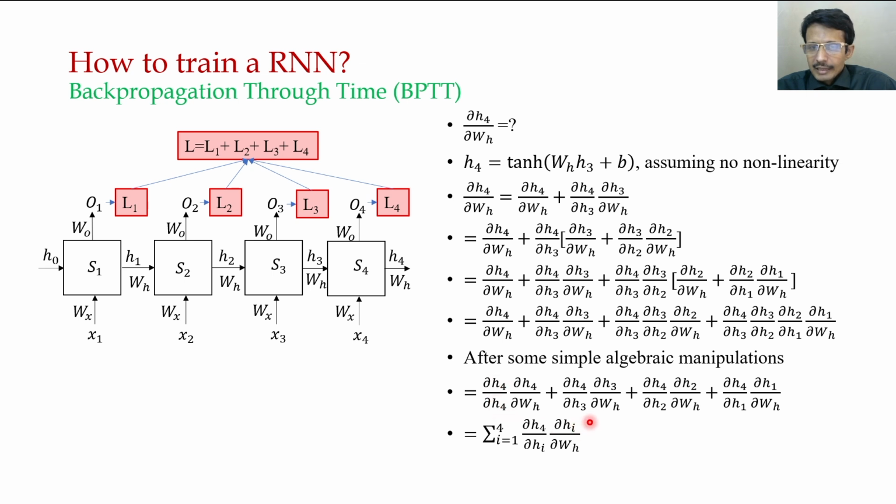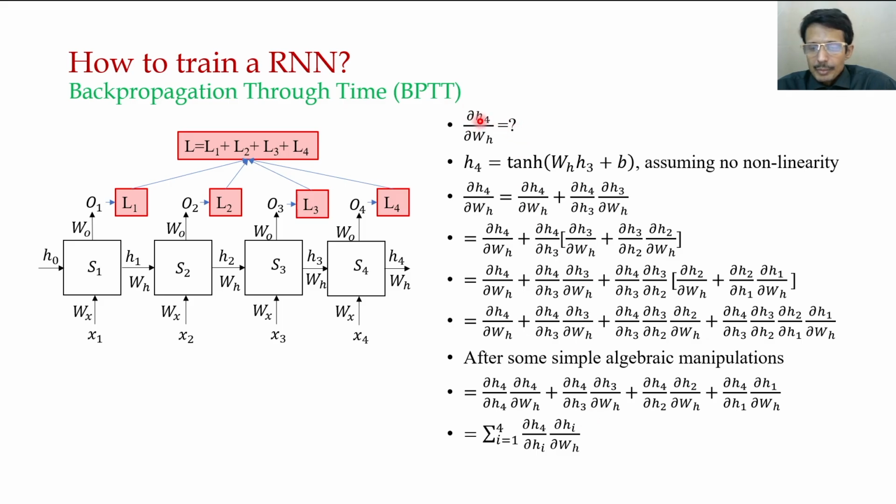You can see that this is a symmetrical kind of expression, over H4, H3, H2, H1, so it is summing up over i, that's why i, and it is del H4 by del Hi times del Hi by del WH. So if we sum it up, we can get this. Okay, so del H4 by del WH is essentially this.